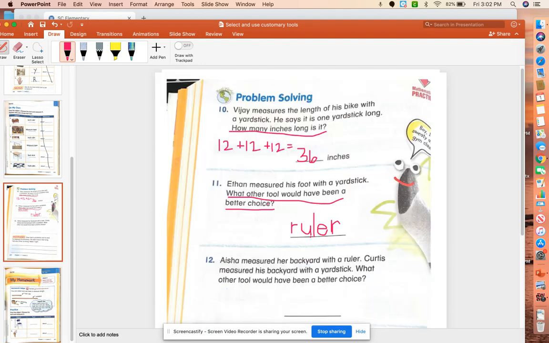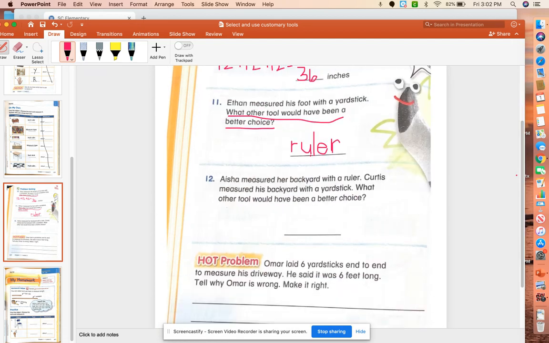Our next one says, Asia measured her backyard with a ruler. Curtis measured his backyard with a yardstick. What other tool would have been a better choice? I don't know about you guys, but my backyard is really big, and I am not going to measure my backyard with a ruler or a yardstick.